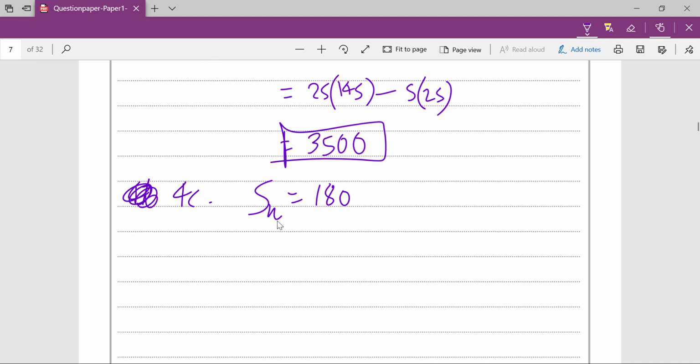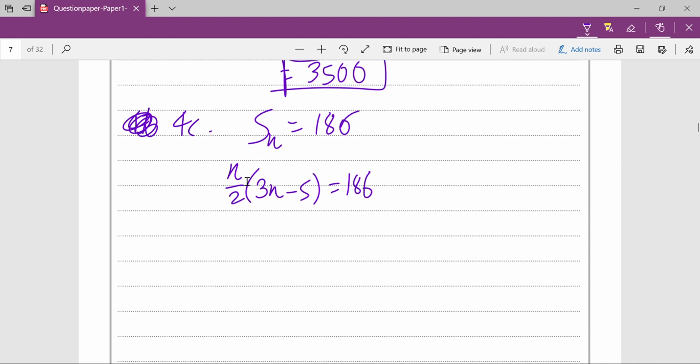So we will use our formula for the sum to n: n over 2 times 3n minus 5 is 186. Oh, sorry, this is meant to be a 6. And we multiply this out, multiplying the n over 2 factor to every term in this bracket. So we get 3 over 2 n squared minus 5 over 2 n is equal to 186.